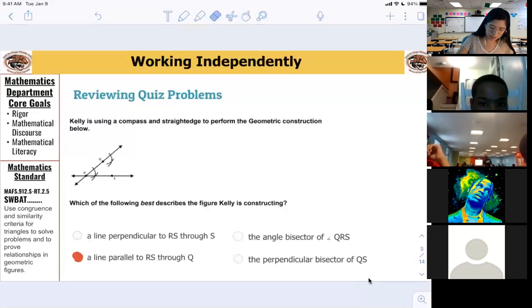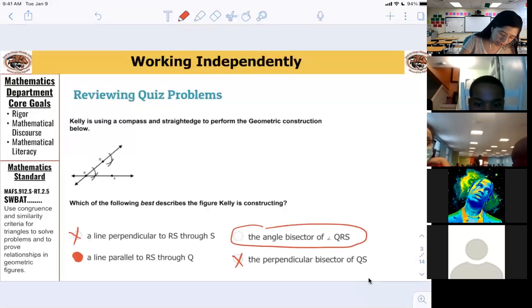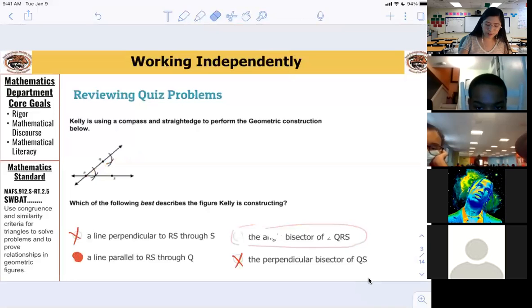Definitely perpendicular sounds wrong, because does anything here look perpendicular or look like it could be perpendicular? No. Okay, so maybe you might have thought this was angle bisector because it could kind of look like it's going to be an angle bisector, maybe, but it's not. It's going to be parallel lines. So this is one where if you do it, you will be more familiar with it and it'll be easier to answer that question.